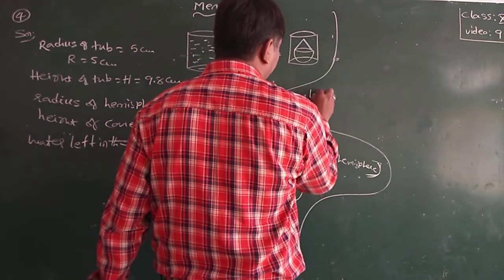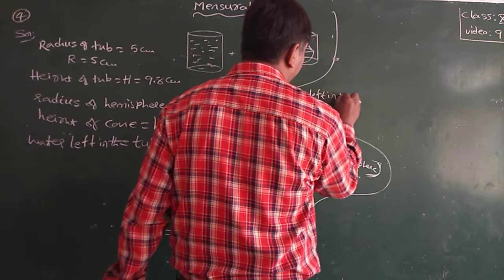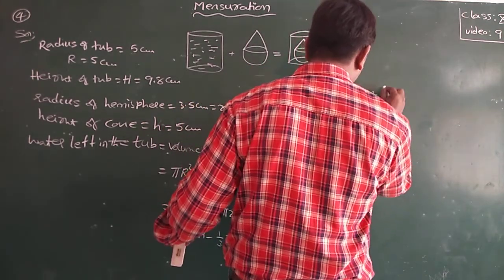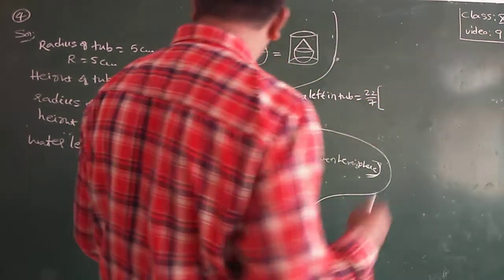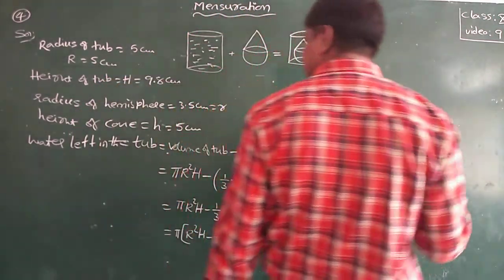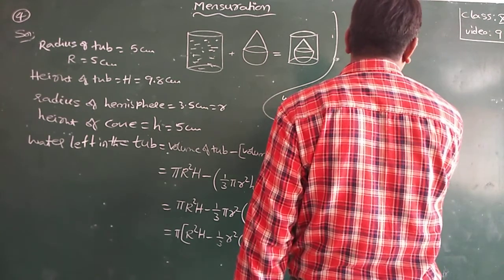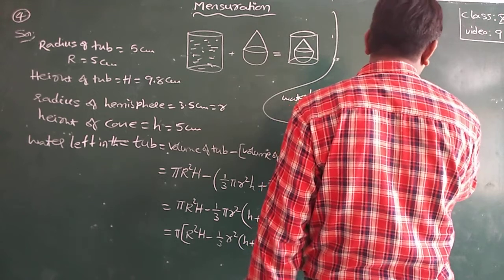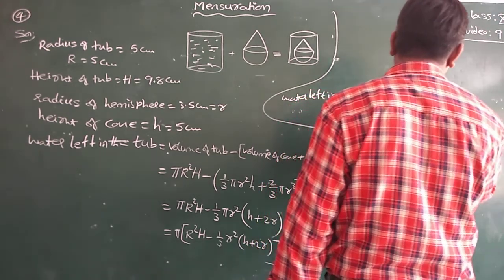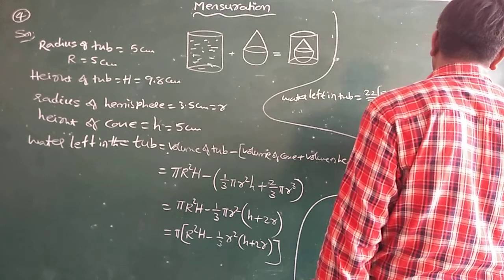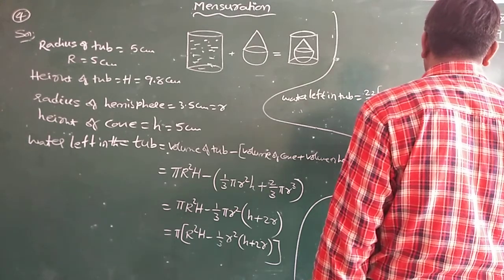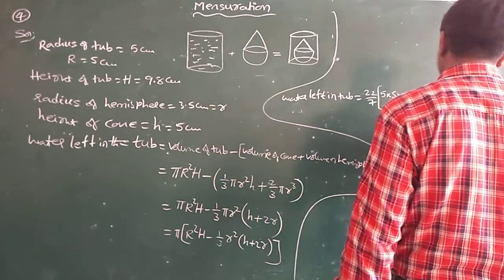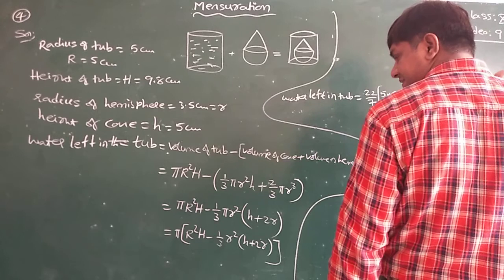Water left in tub is equal to 22/7 into R square H, R is 5, 5 into 5 into 9.8, minus 1/3 into 35/10 into 35/10 into h plus 2r: 5 plus 2 times 3.5 is 7, so 2 times 7 is 14.